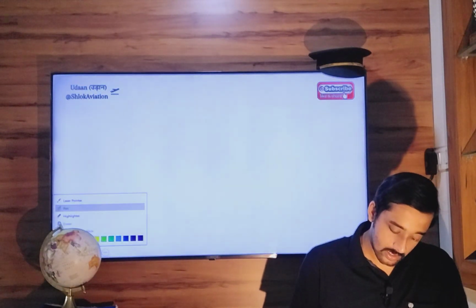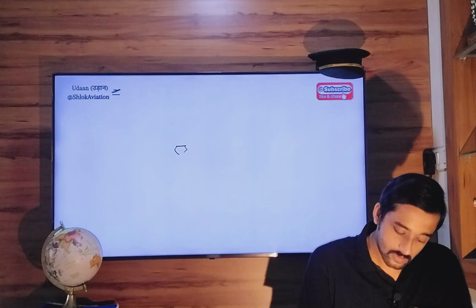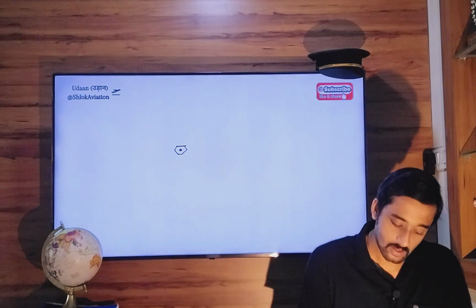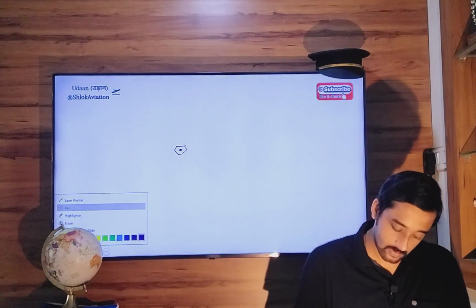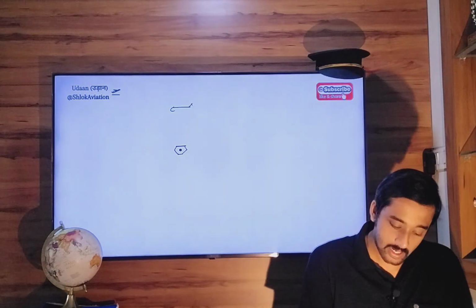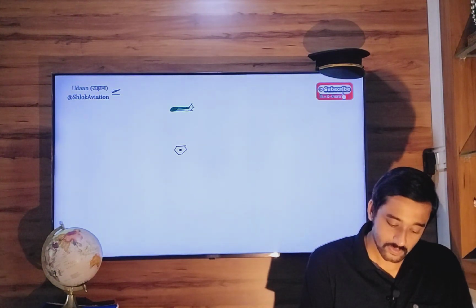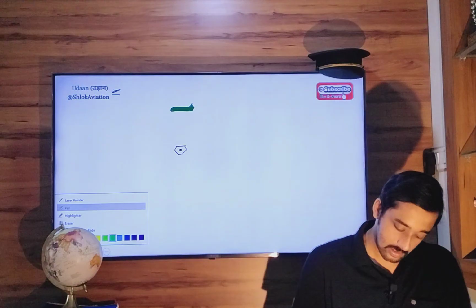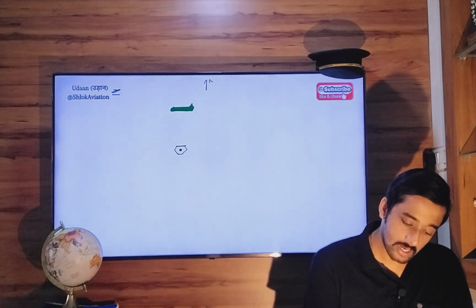So we know that VOR station is to the south of aircraft. So aircraft is to the north of the VOR station. This is the north direction.